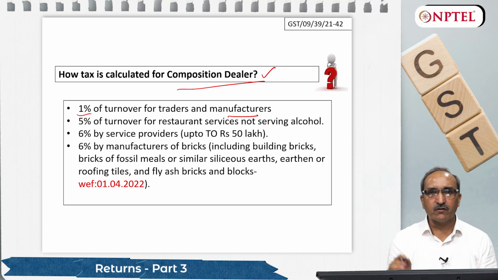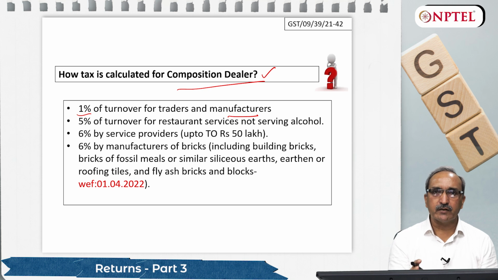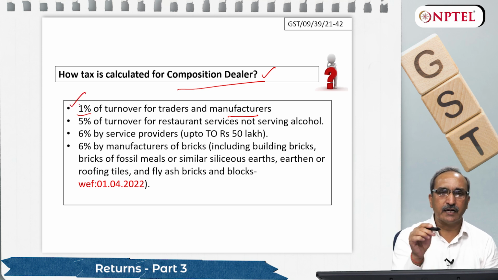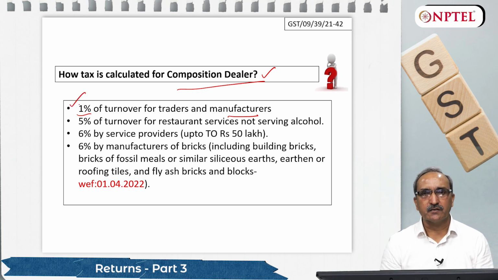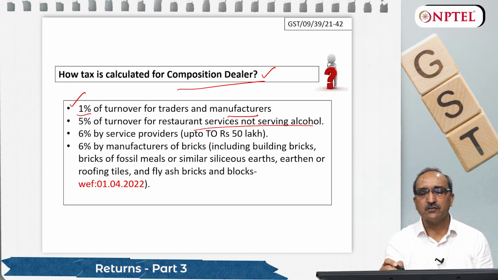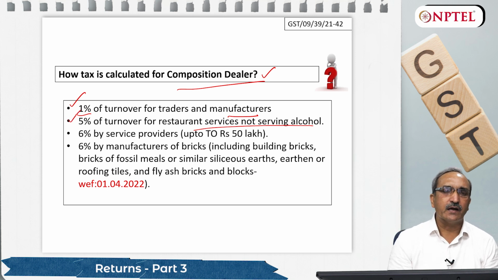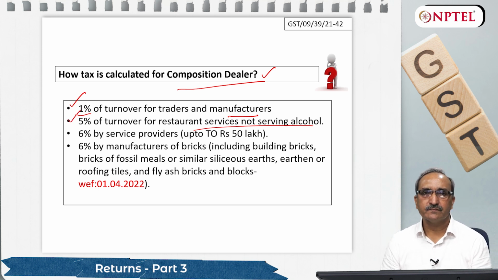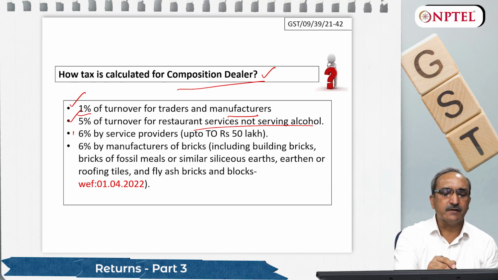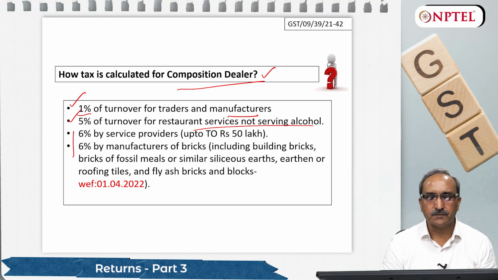But whatever turnover there is during that particular month or quarter, he will calculate 1% tax on that turnover and pay to the government. And if it is in service, like restaurant service, he will charge 5% of the turnover. And if he is a service provider, he will charge 6% tax.